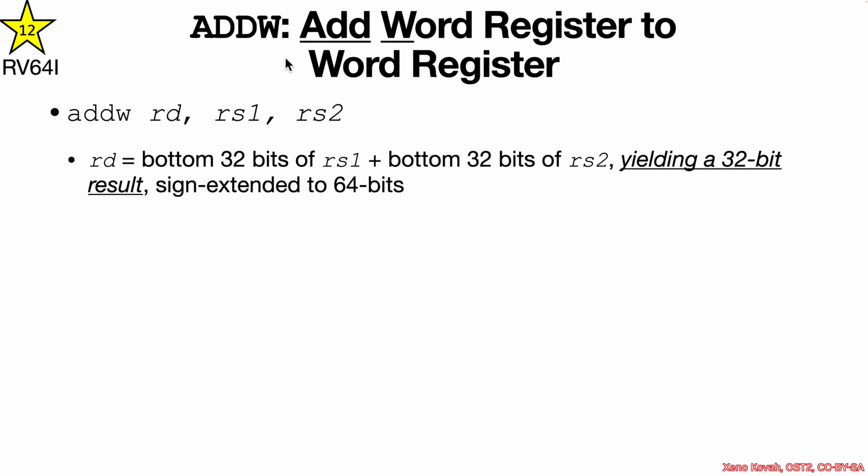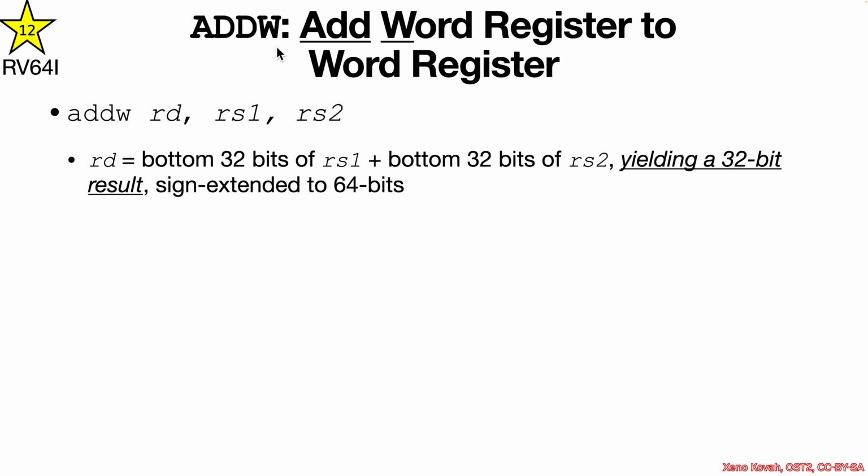Then we picked up another instruction, add W, for add word register to word register. So 2 parameters, a source 1 and a source 2. So add these 2 together and place the result in the destination. But the key thing here is this is an RV64I only assembly instruction. So it is dealing with word registers, and normally RV64I is dealing with double word sized registers. They're 64 bits.